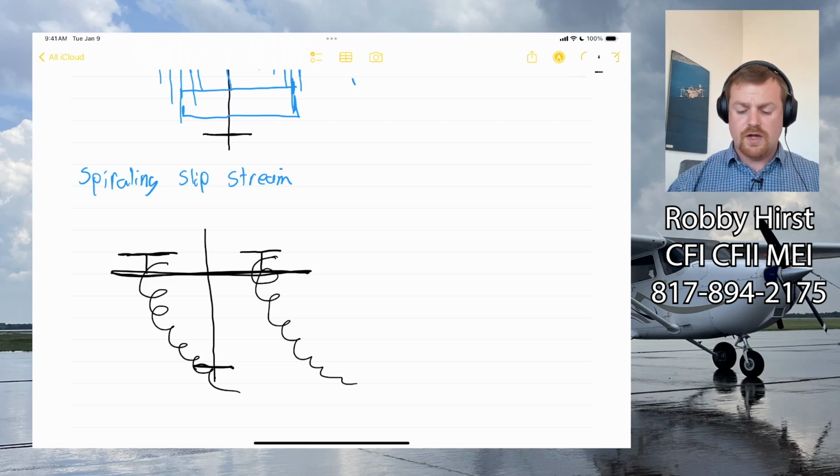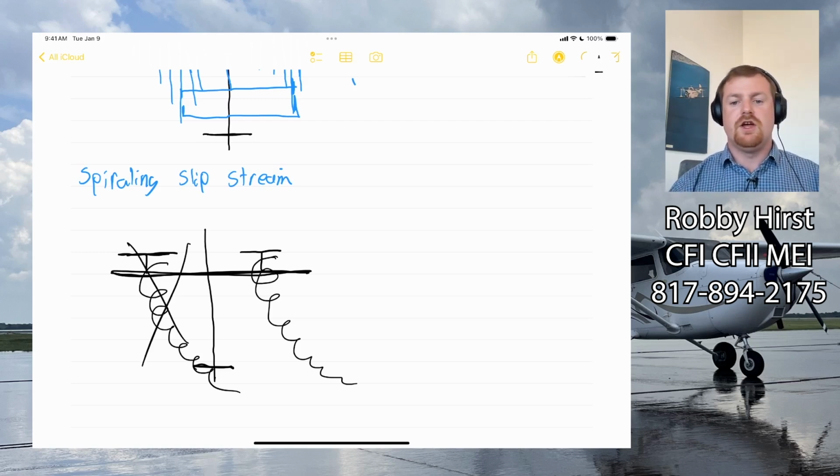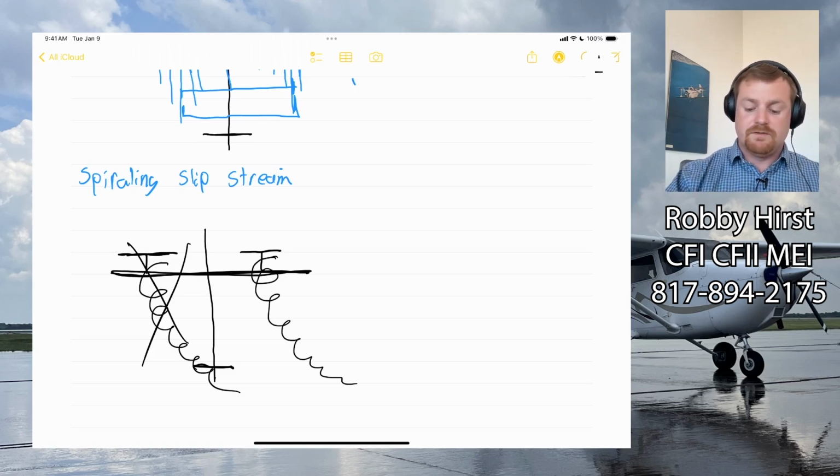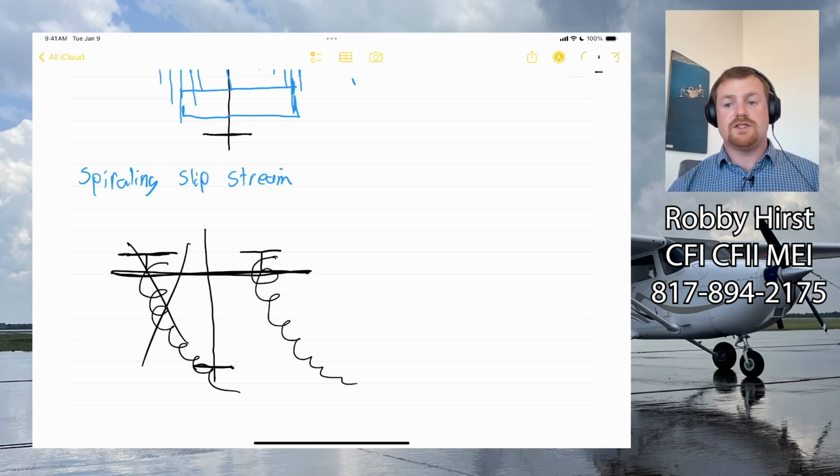And so if we were to lose our left engine, we no longer have that airflow going over the rudder, and this spiraling slipstream is just coming off into the air. It has no effect. But if we were to lose our right engine but keep our left engine, that slipstream coming into our rudder would actually help us be able to correct for any yawing effect.